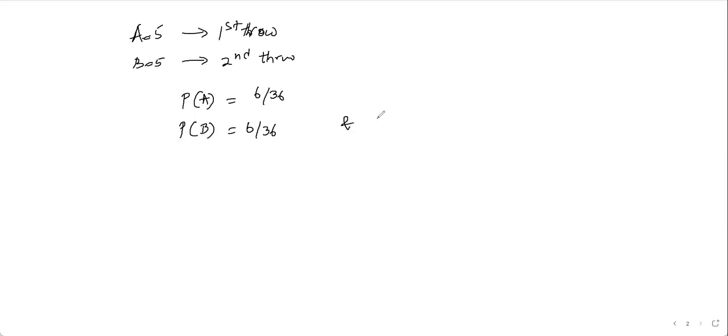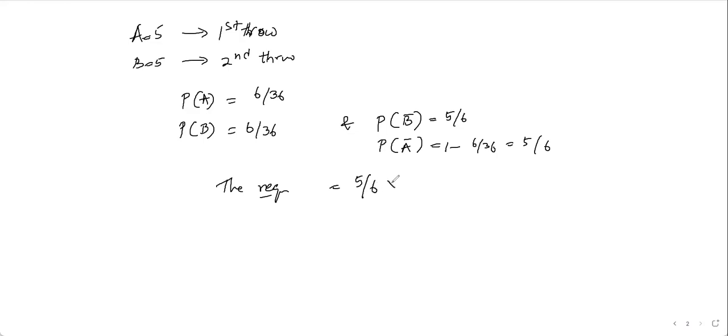P of not B is 5 by 6, and P of not A is 1 minus 6 by 36, which is again 5 by 6. So the required probability is 5 by 6 multiplied by 5 by 6, which is 25 by 36.